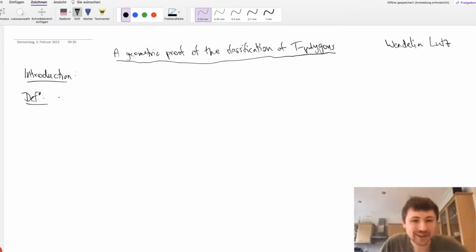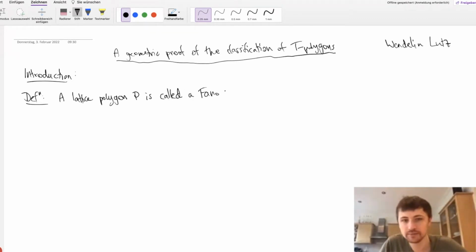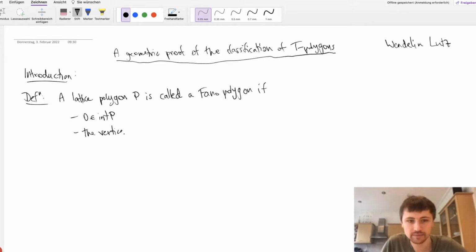I start with a lattice polygon, so a 2-dimensional polytope. A lattice polygon P is called a Fano polygon if the following 2 conditions are satisfied. 0 is in the interior of P, and the vertices of P are primitive lattice points.